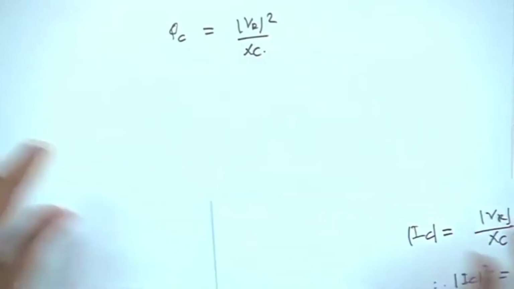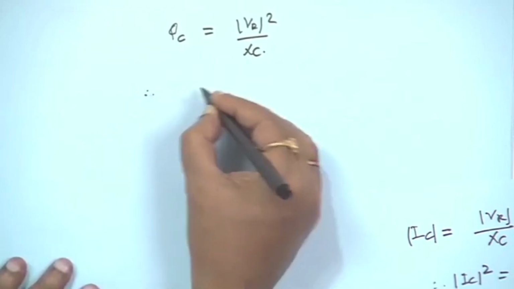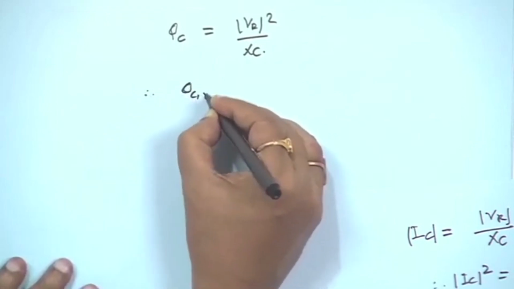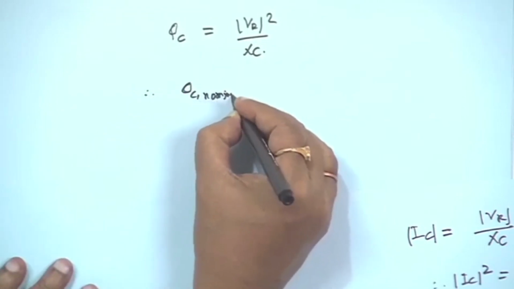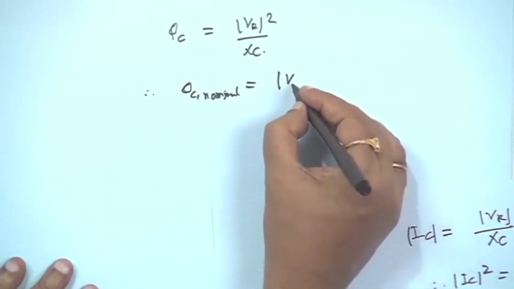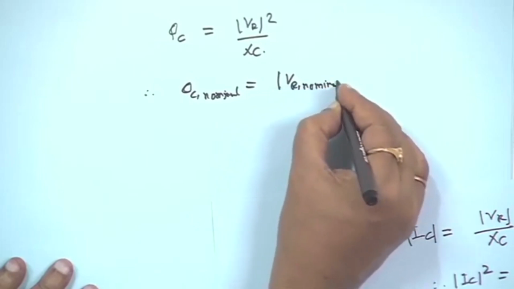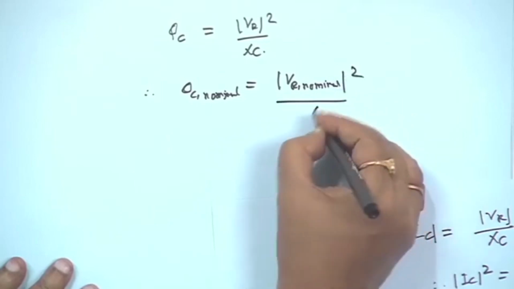Generally, when you buy from a manufacturer, the nominal QC value, nominal means rated, is equal to VR nominal square upon XC.